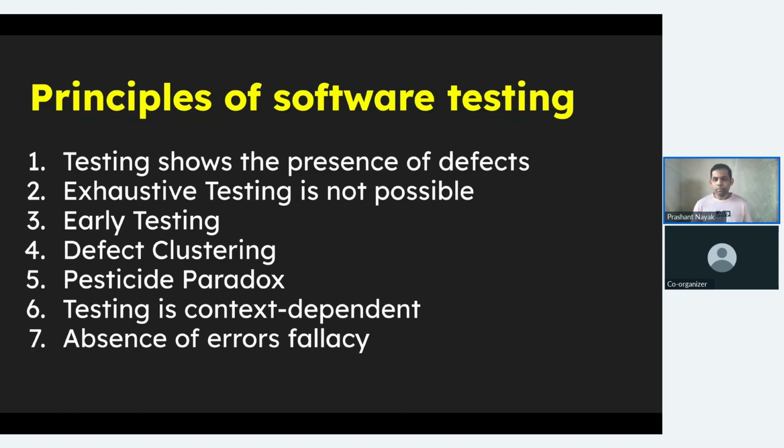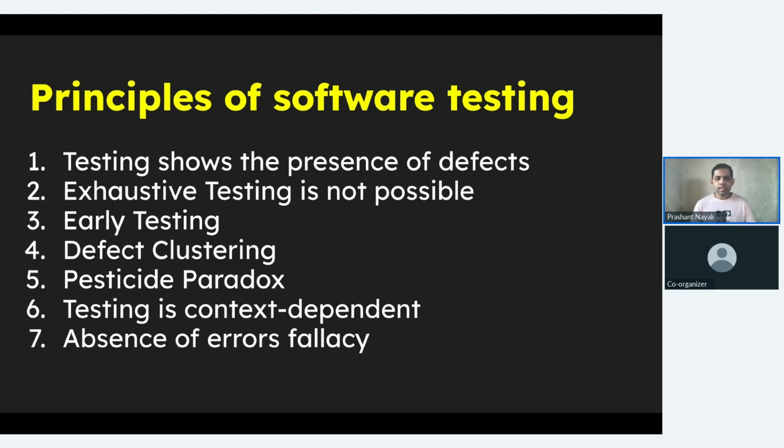That can happen. You can't say that you can make a 100% defect free application. You can say that you can make sure that the application is 99% defect free. You can't guarantee 100%. So the principle number one says that testing shows the presence of defects.